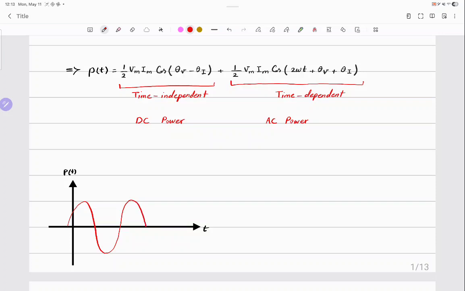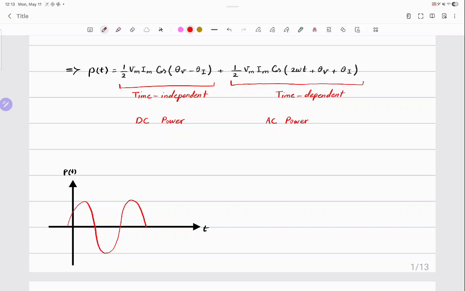Okay? Let's assume that this is your power. Now, based on this, can you tell me what is the DC part of this signal? Is it the value when t is 0? No. The DC part of this is 0.